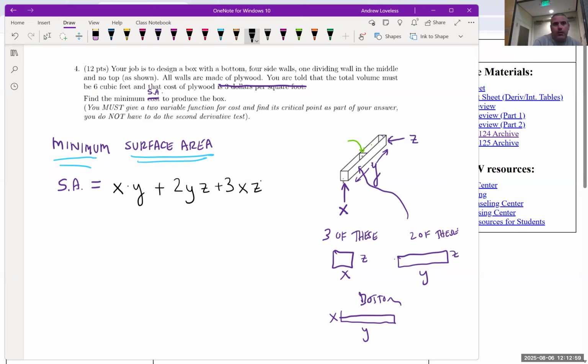So now we're going to look for the constraint in the problem. Without a constraint, the question doesn't make any sense, because you just wouldn't build it. This would be 0. So the constraint is something that forces us to build this. And it's the fact that they're saying the volume must be 6.